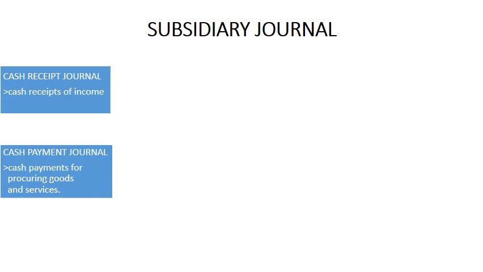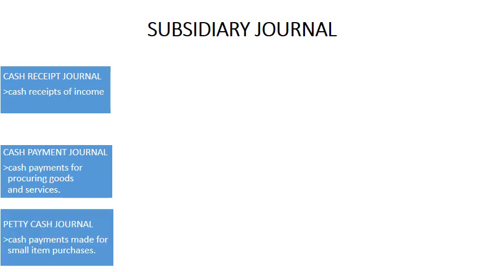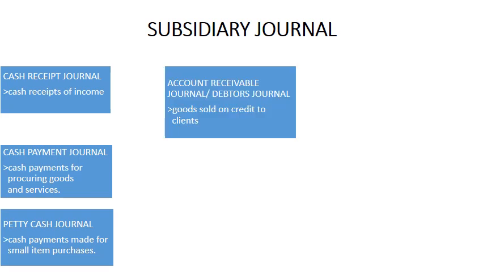The cash payment journal will be prepared to record cash payments for procuring of goods and services. The petty cash journal will be presented to record cash payments made for small item purchases.